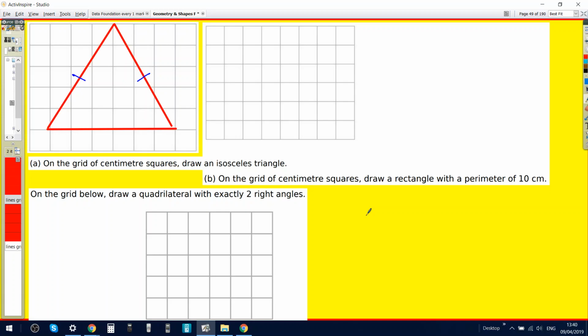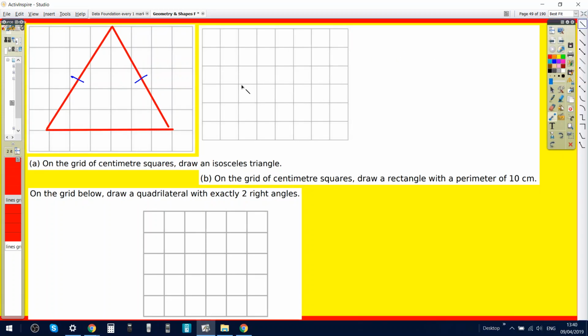So it'll be 2 up, 5 along. Oh no, sorry, that would make 7, and then if you did it again, you'd get 14.